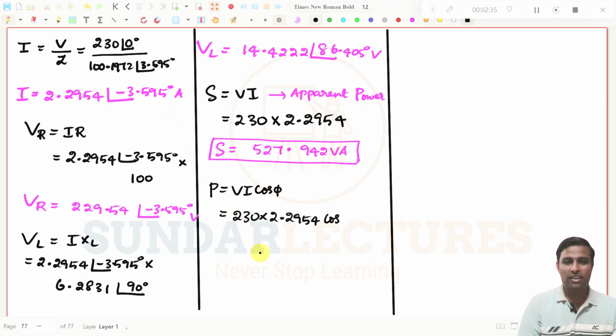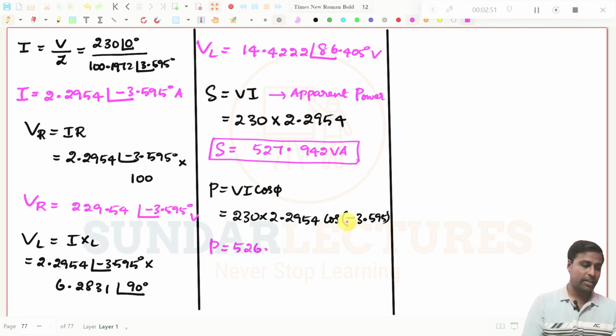So cos of, I will write here, minus 3.595. So if I simplify this, I will get P, that means real power, equal to 526.903 watts. This is the value of real power.